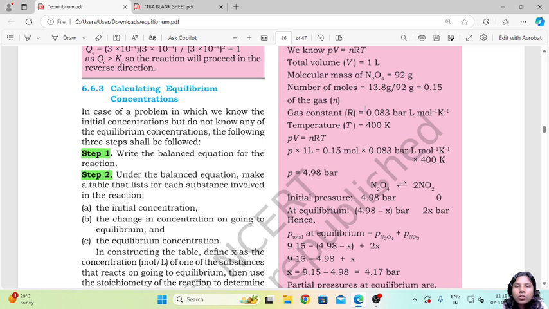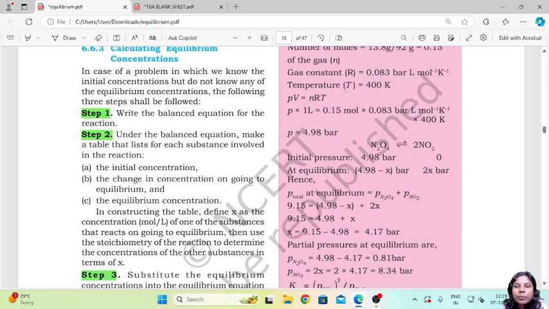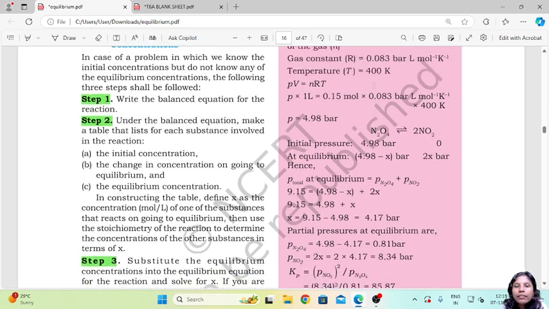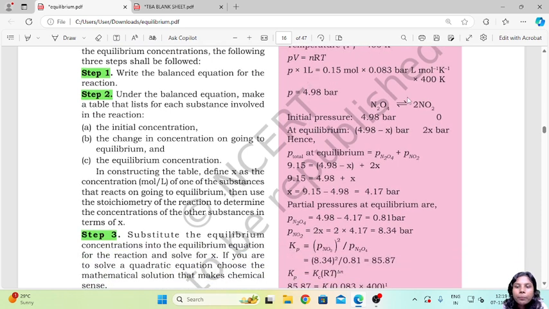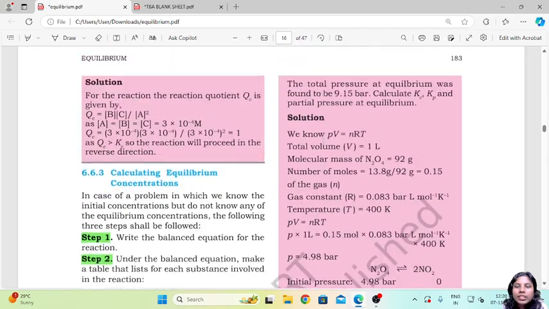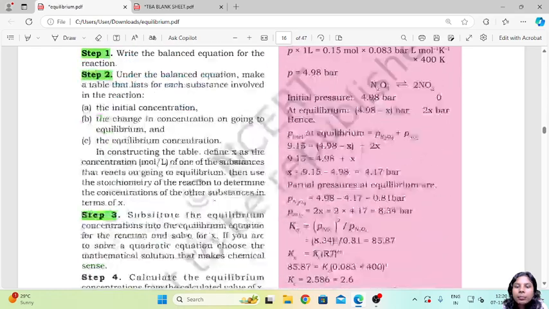The gas constant we know is 0.083 bar liter mole inverse Kelvin inverse. Temperature is 400 Kelvin. On substituting all of these values in the ideal gas equation, we find the pressure to be 4.98 bar. So 4.98 bar is the initial pressure, whereas the actual total pressure is 9.15.